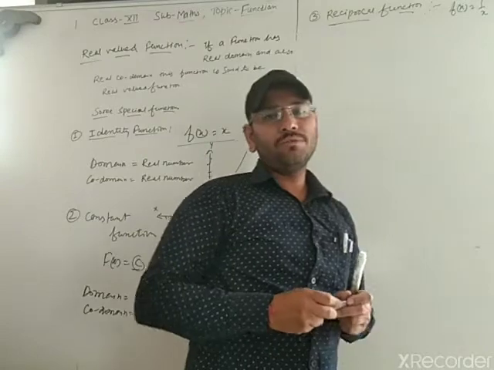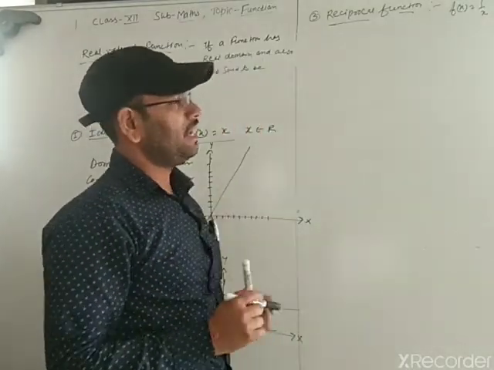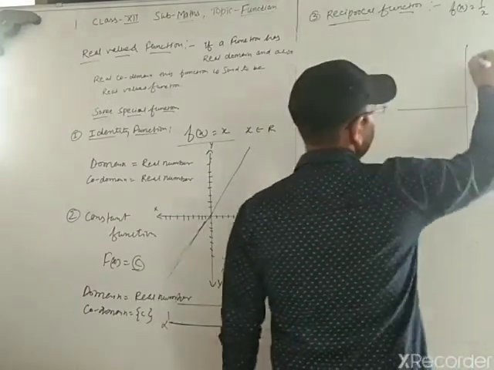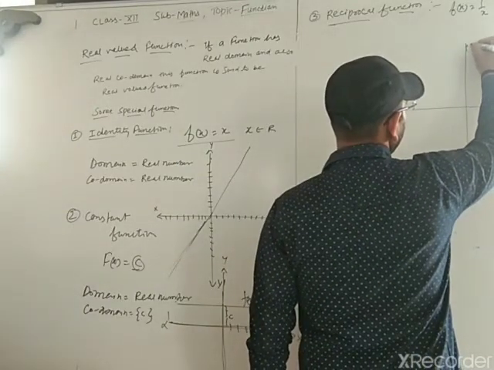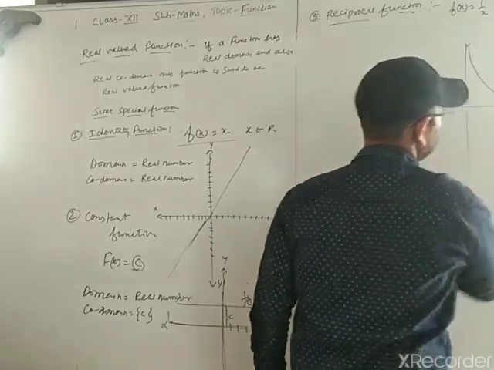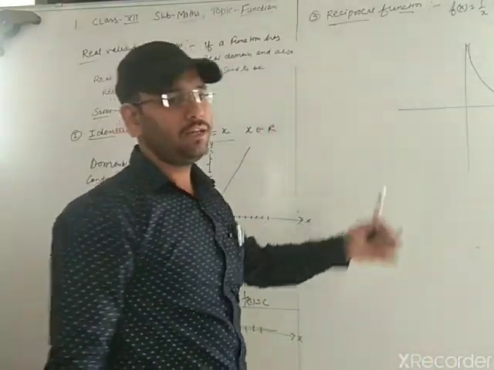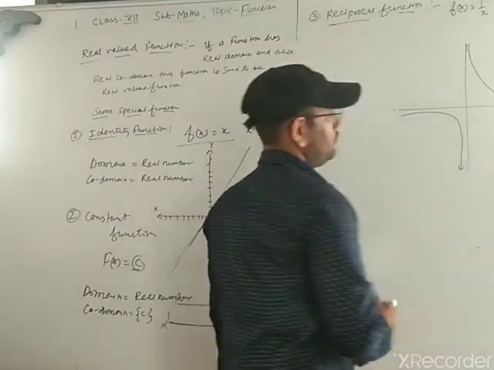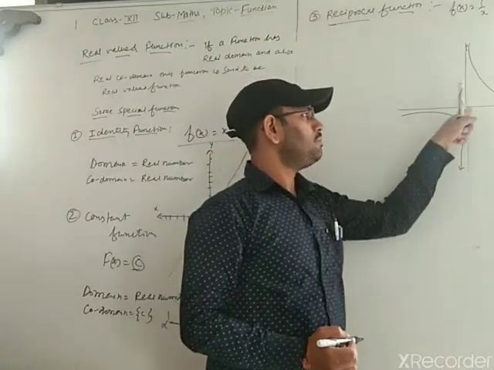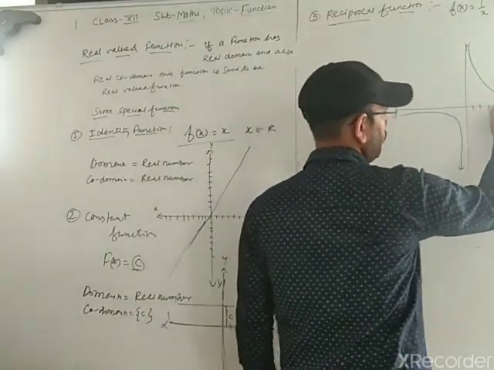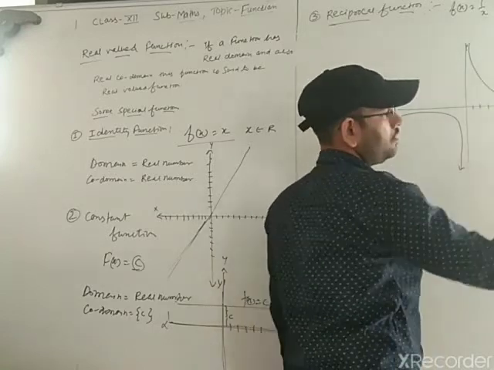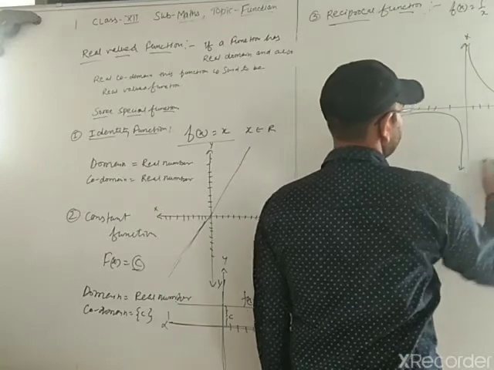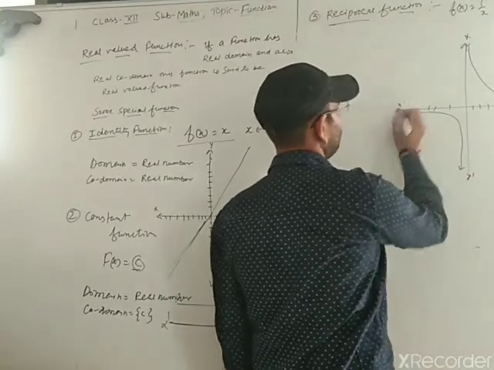Clear? So we find the graph of this reciprocal function. At 0 it is infinity. So we get a curve like this for positive real values, and for the negative values we get it again. When we come to the 0 input, the function becomes infinite. Axes Y, X, Y dash, X dash.